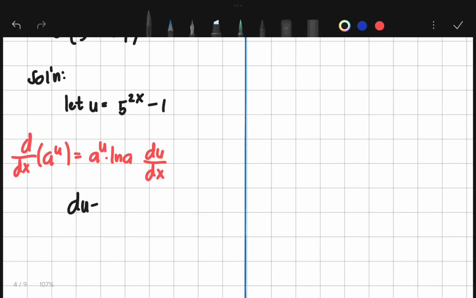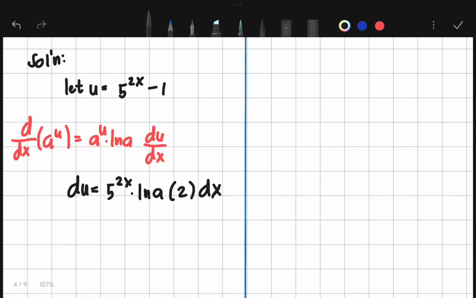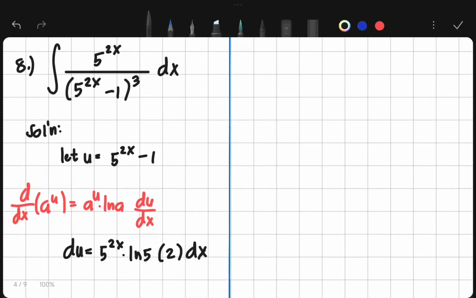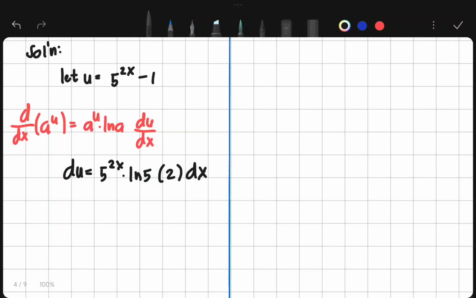So let's apply that formula. Our du is simply equal to 5 raised to 2x times ln of 5, since a here is 5. The derivative of 2x is simply 2, times dx. Next, we can solve for 5 raised to 2x dx, because that is present in our integrand.